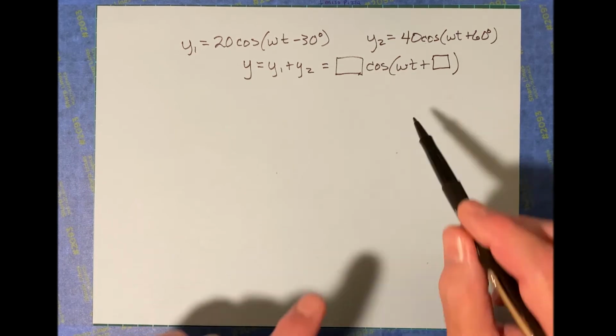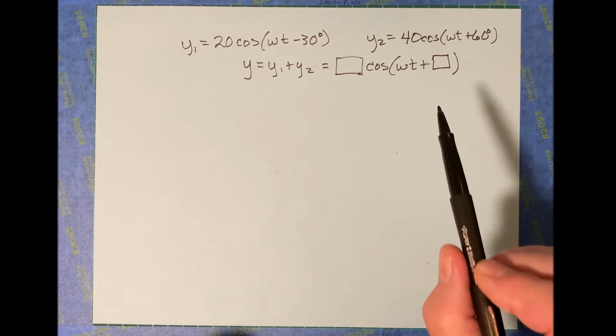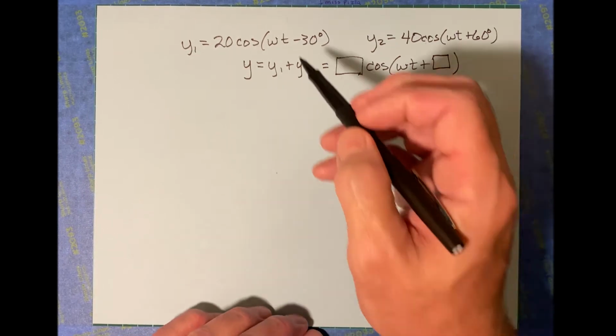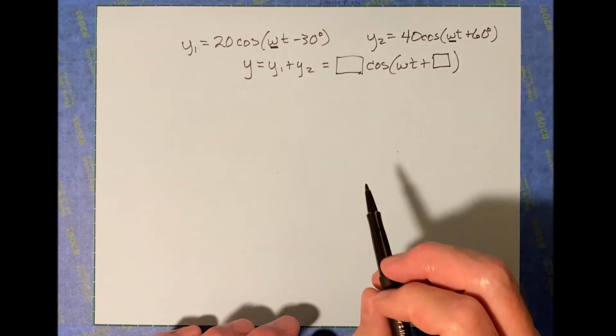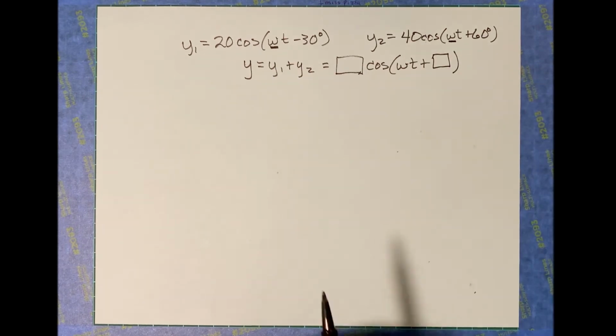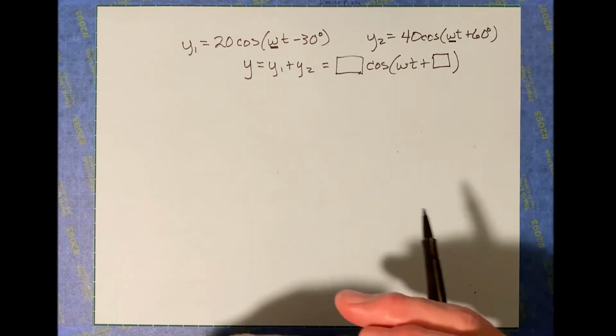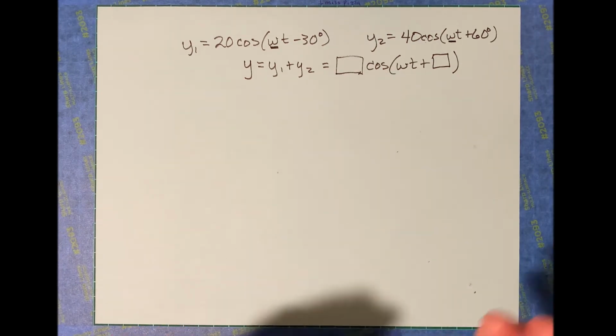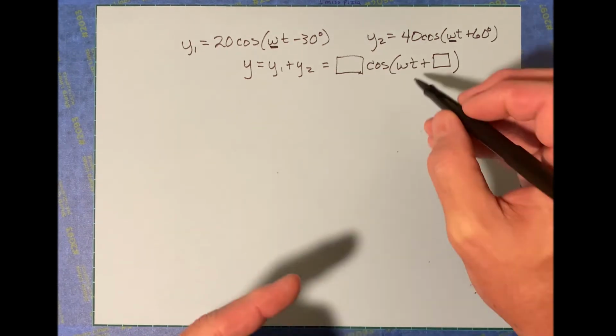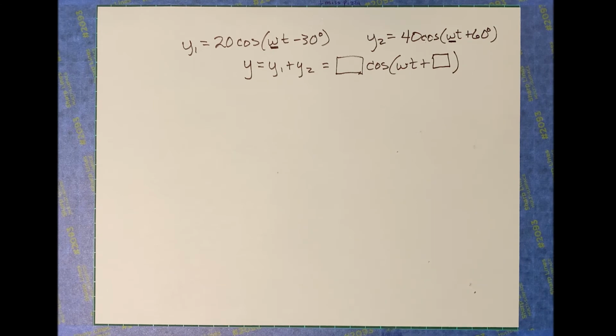Now, this is possible, but you can only do this if this omega and that omega are the same. If the omegas are different, then we don't know how to do this. We can't use our phasor mechanism in order to do this.